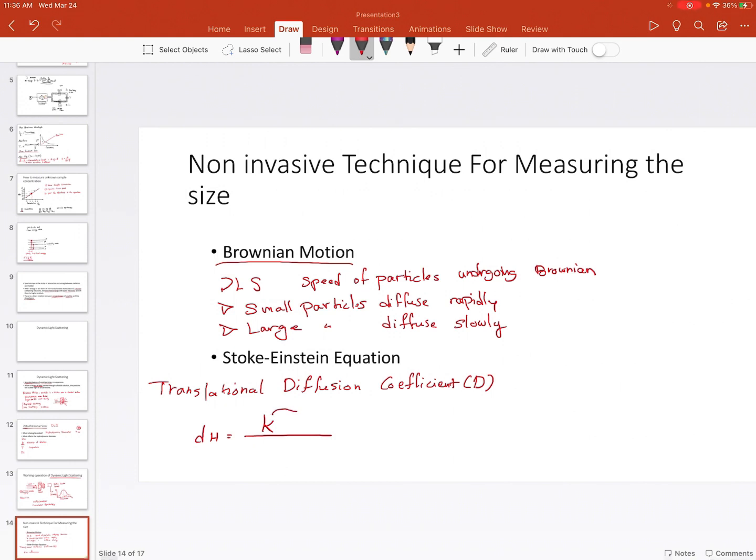We have k, the Boltzmann constant, a value that, depending on the solvent or solution, is going to be constant, and we actually have this value. This is one of our known parameters, times temperature.